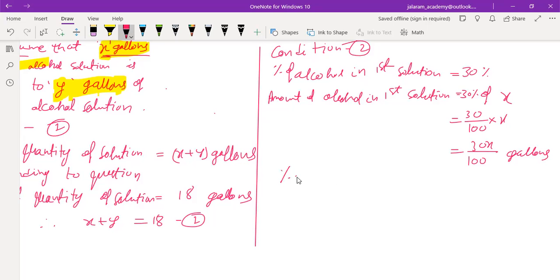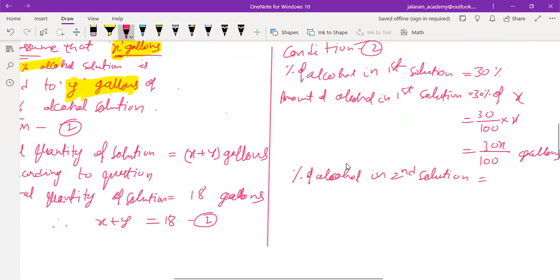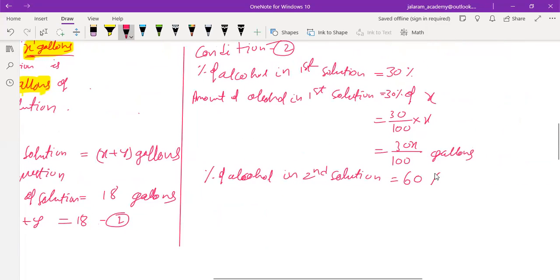Then again we write the percentage of alcohol in the second solution. It is clearly given, it is 60%. By this we can find the quantity or the amount.